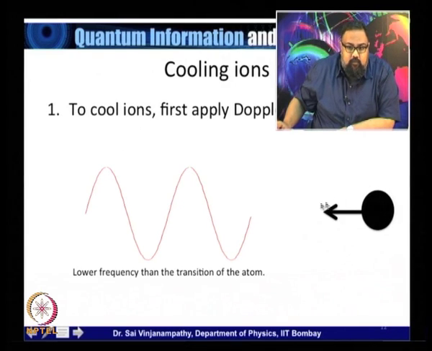When it absorbs a photon, because the photon is moving in the direction that is opposite to that of the ion, the ion loses momentum and hence cools down. By repeating this over and over again, one can cool these ions to around 15 phonons.